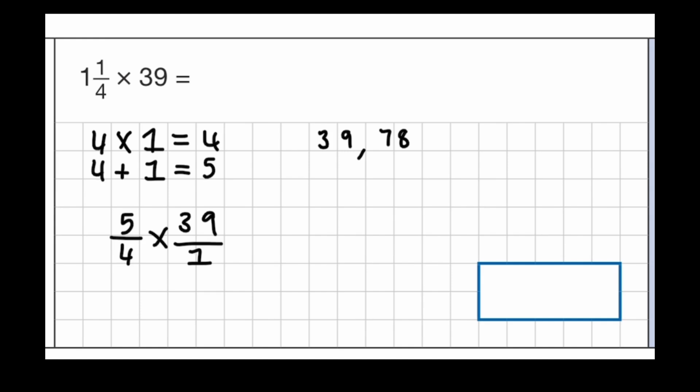We're only looking at 5 times 39, so I've skipped 3. I've doubled 78, as 2 times 39 times 2 would then be 4 times 39. And then I've added another 39 to get to 5 times 39, which is 195. So the fraction is now 195/4, as 4 times 1 is 4. This is an improper fraction, and you will get the mark if you leave it as that. That's fine.